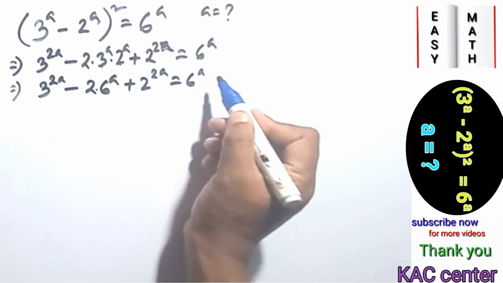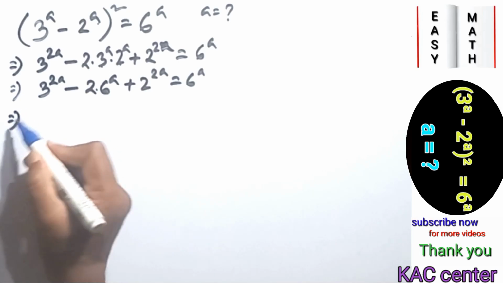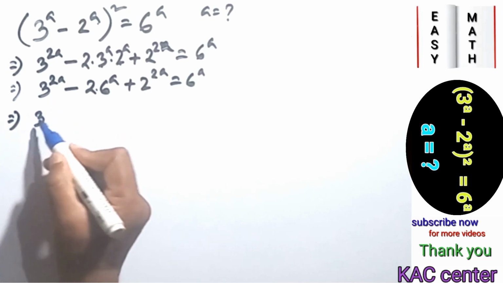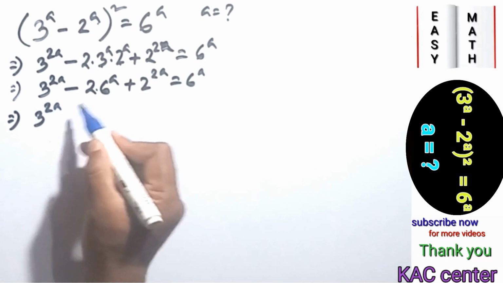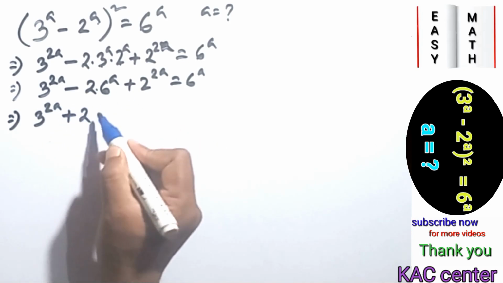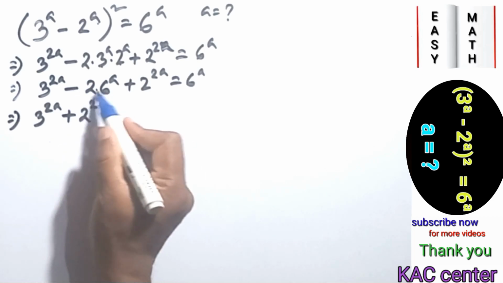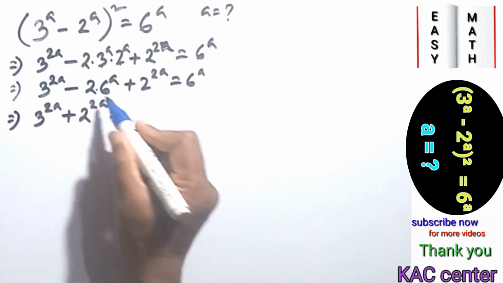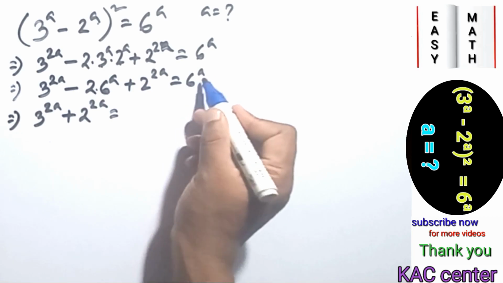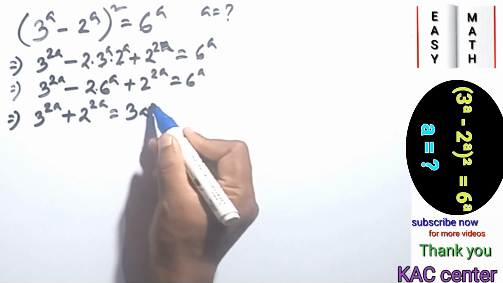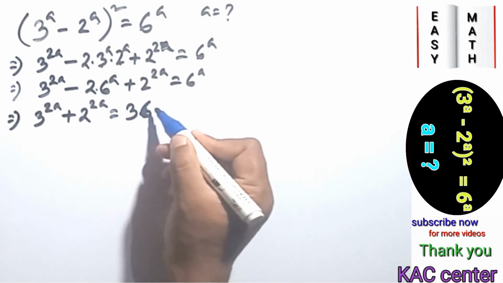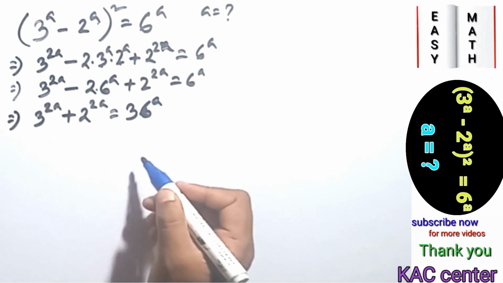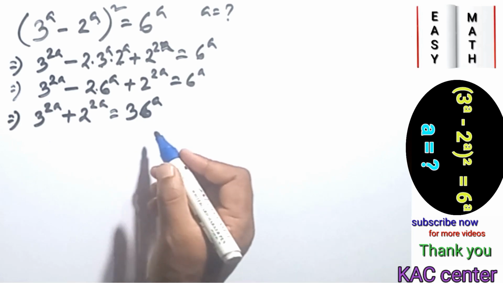Now there is 3 to the power 2a plus 2 to the power 2a, and this is there, so 2 times 6 to the power a, and 6 to the power a.